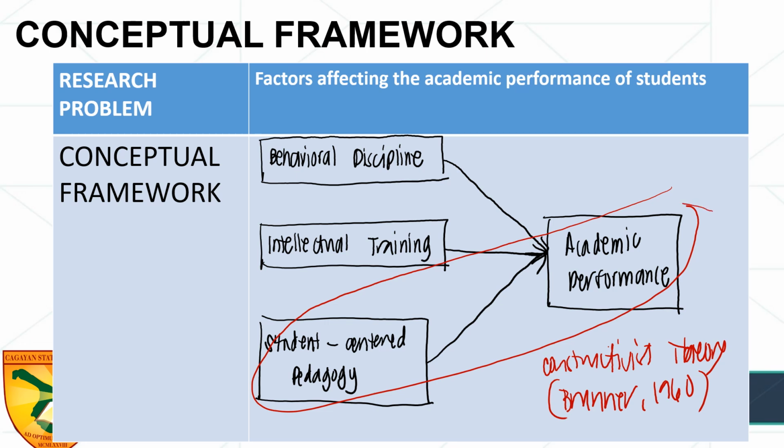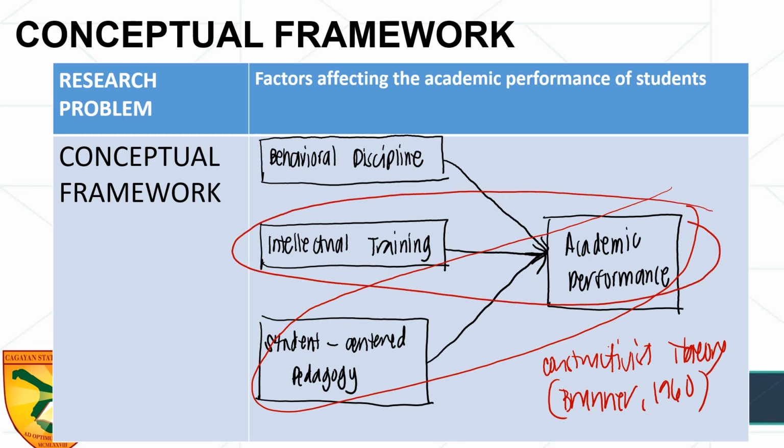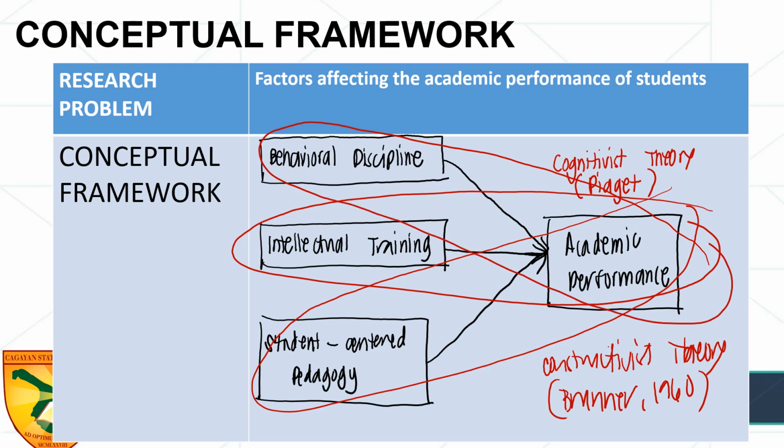And your intellectual training and academic performance is actually under cognitivist theory by Jean Piaget, and your behavioral discipline and your academic performance is actually your behaviorist theory by Frederick Skinner.